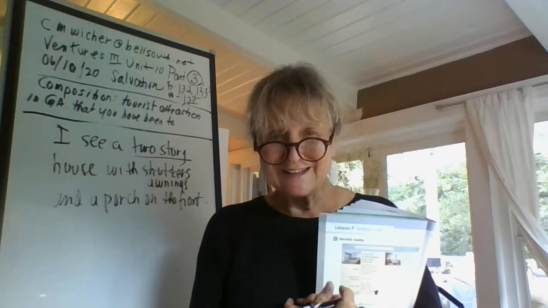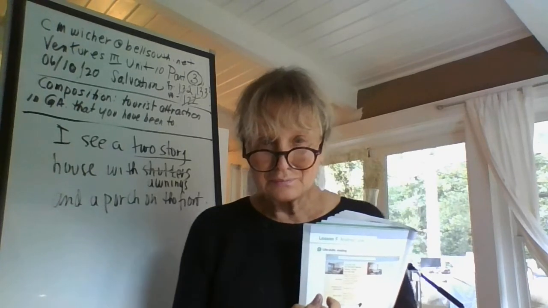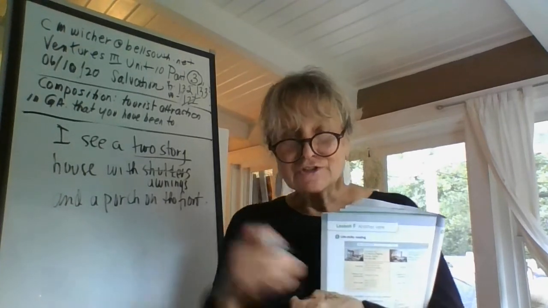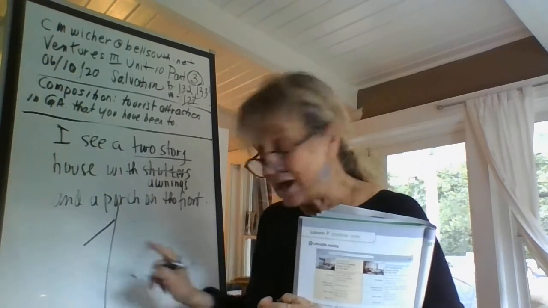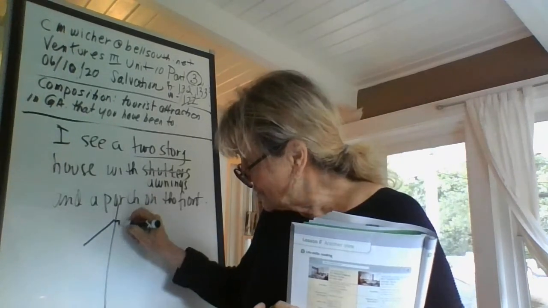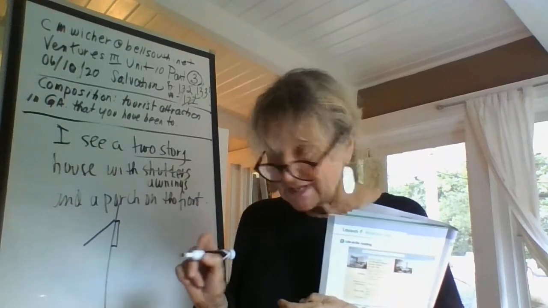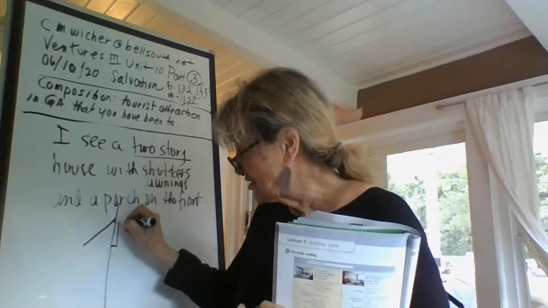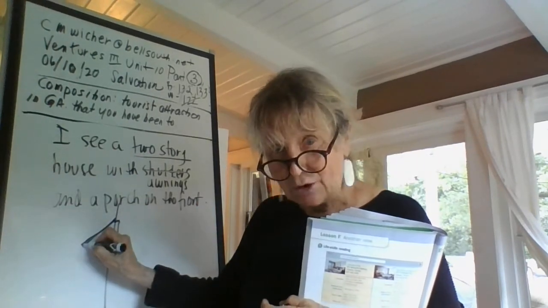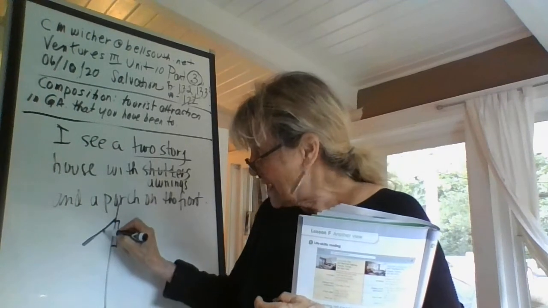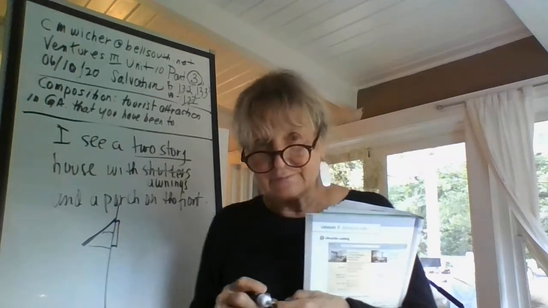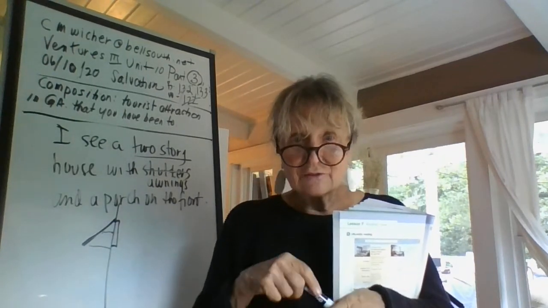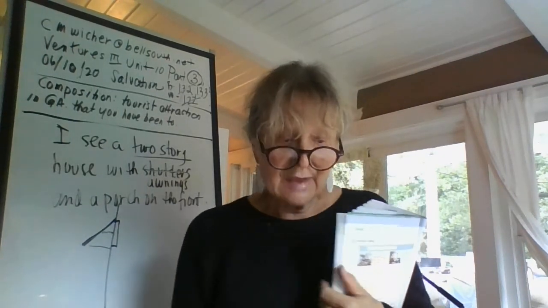Anybody know what an awning is? So an awning is either made out of metal. So here's the house. We're looking from the side. Here's the window, looking from the side. And it's attached to the house at the top, and it sticks out like this. And sometimes it has a brace here or here. It can be made of cloth or metal.